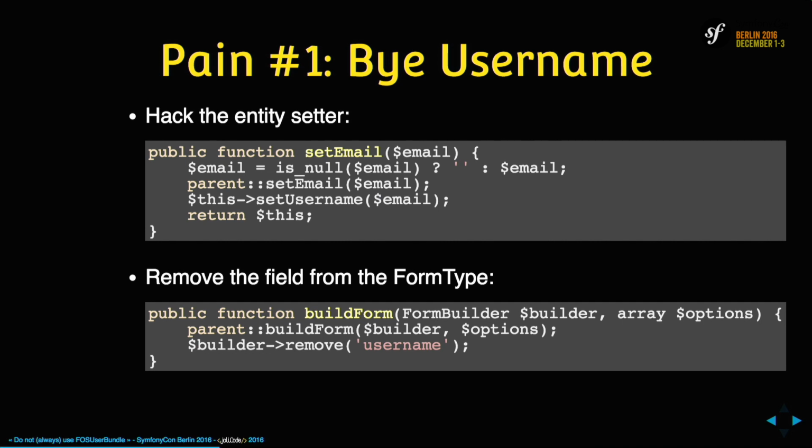So here are the steps you have to take if you want to log in with an email address in FOSUserBundle. You have to hack the setEmail setter in the user entity to set the email value in the username field, because the field cannot be empty. Then you have to extend the form types to remove the username field.